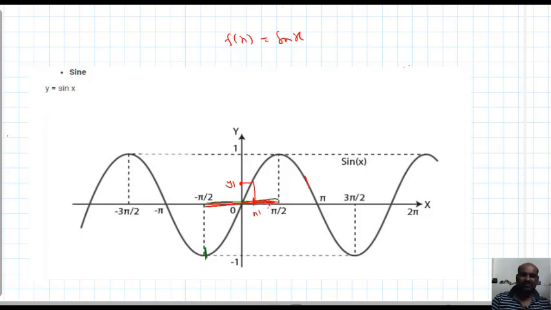Say this is x2, the corresponding y is here. So what happened? X is changed from x1 to x2, or increases. So the output also changed and increased from y1 to y2. That means what? It is an increasing function. So if x values are taken from minus pi by 2 to pi by 2, this is the graph of the sine function. This is an increasing graph. What interval? Minus pi by 2 to pi by 2.